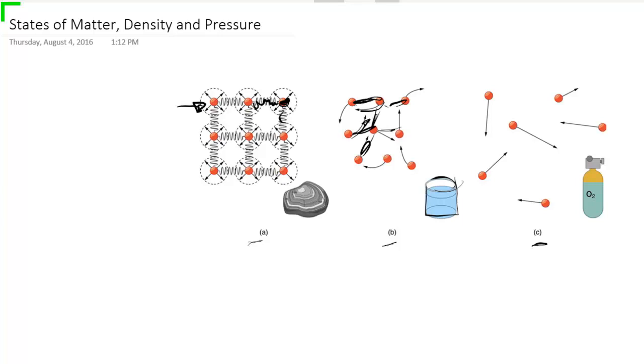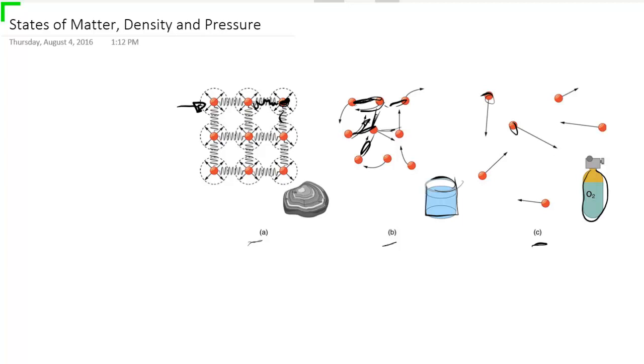It's not very much. And then in a gas, the molecules are much farther apart than they are in a liquid, and they are free to move around however they want. So if we have a container full of oxygen here, the gas takes up the volume of this container, and it also takes on the shape of the container.